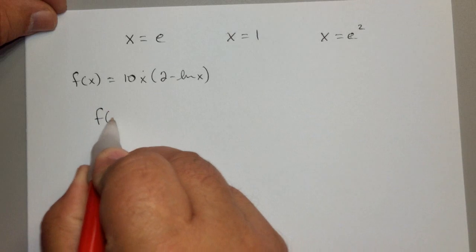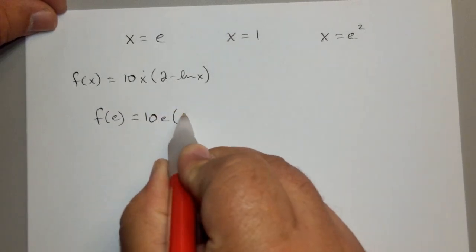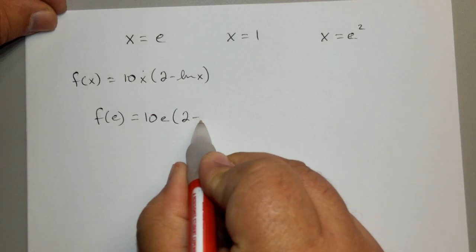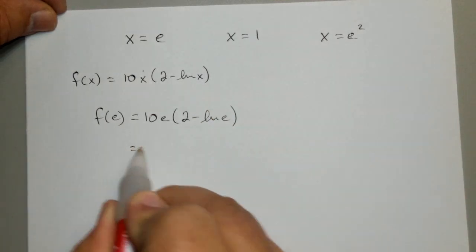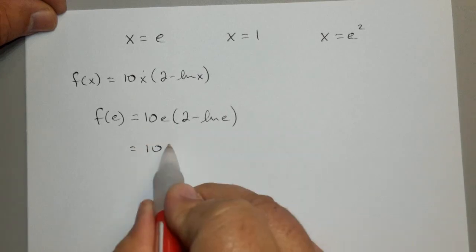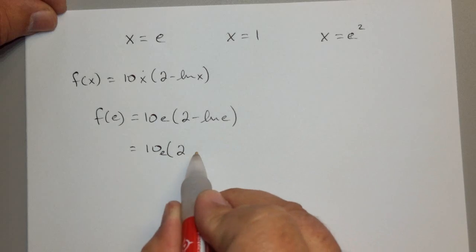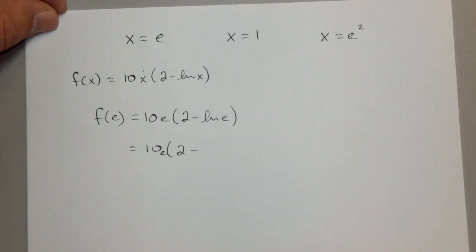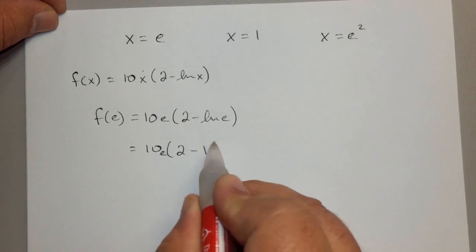So f of e is 10e times (2 minus ln e). What is ln e? 1.